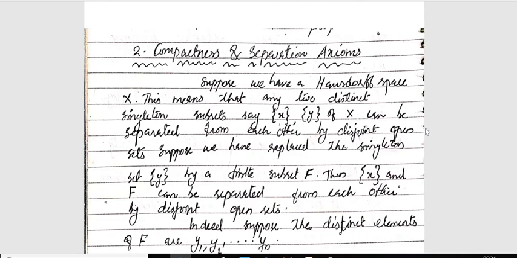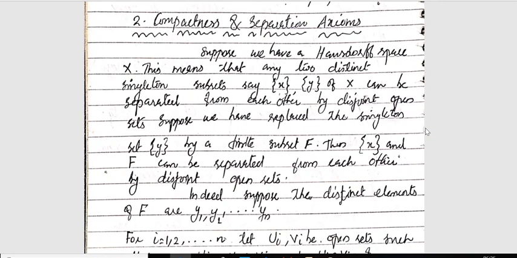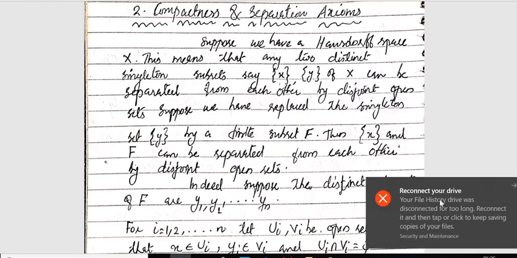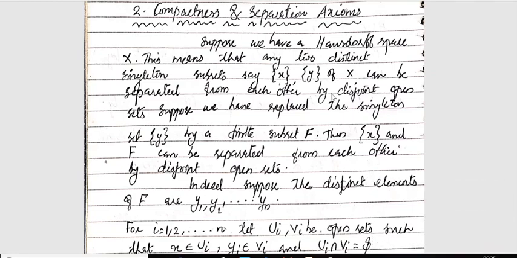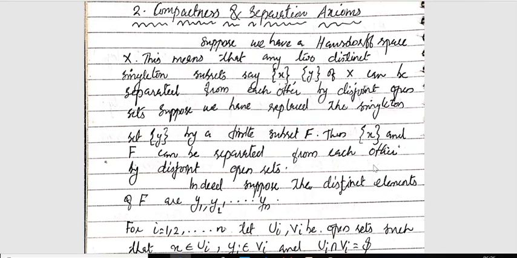Now suppose we replace the singleton set y by a finite subset F. So x is there and a finite subset F is there. Suppose F is equal to {1, 2, 3}, and you have an x separately.